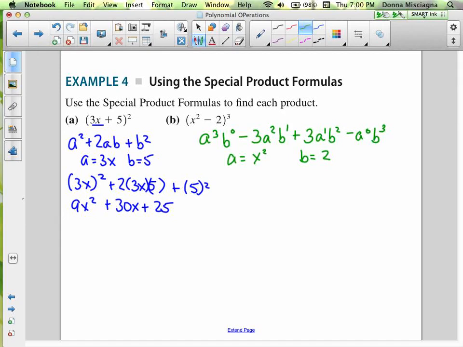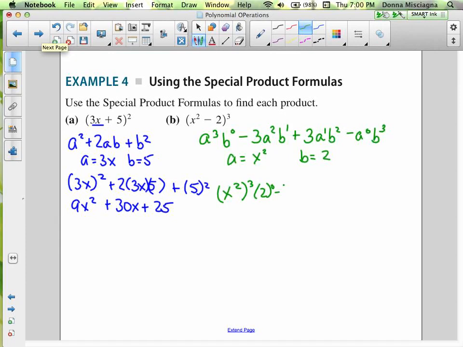So we have x squared cubed, and then 2 to the 0 power, minus, and I'm going to write it out like that so that you can remember how the exponent on one term is increasing and the exponent on the other is decreasing.